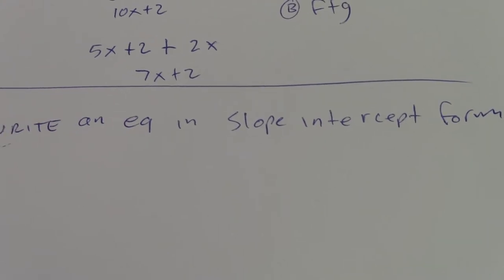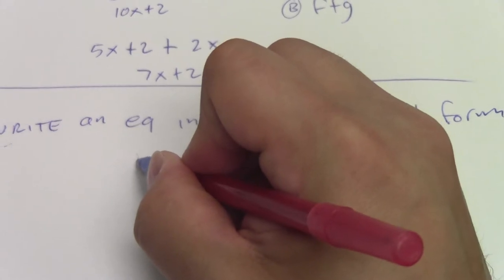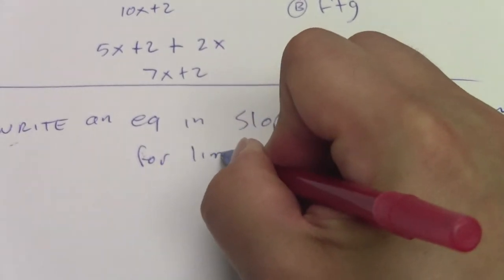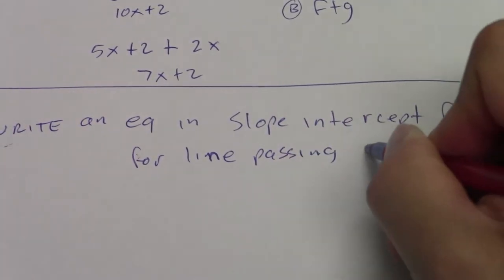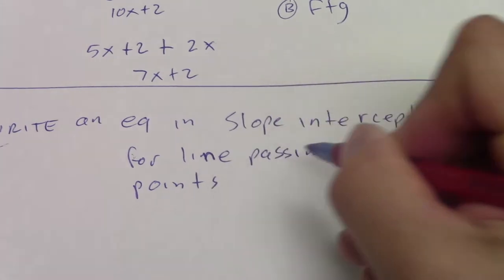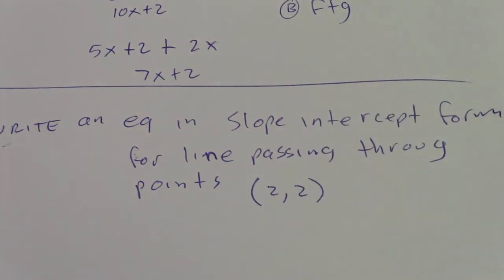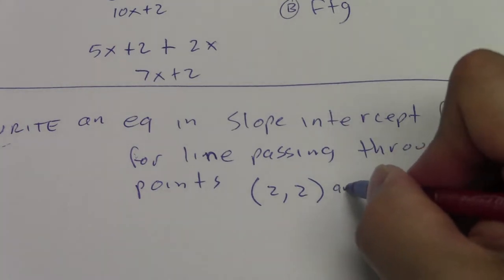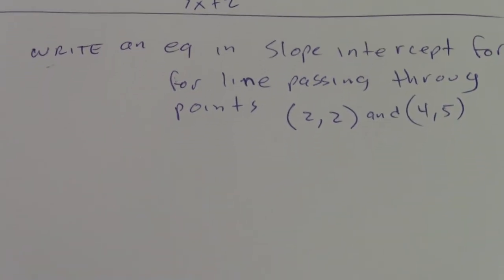All right, a line passing through points. In this case, let's say 2, 2 and 4, 5. All right.